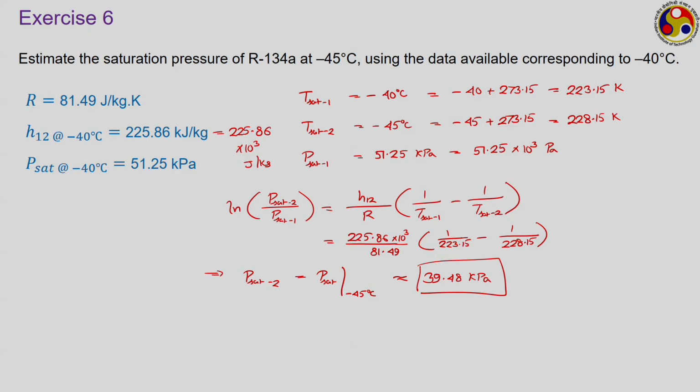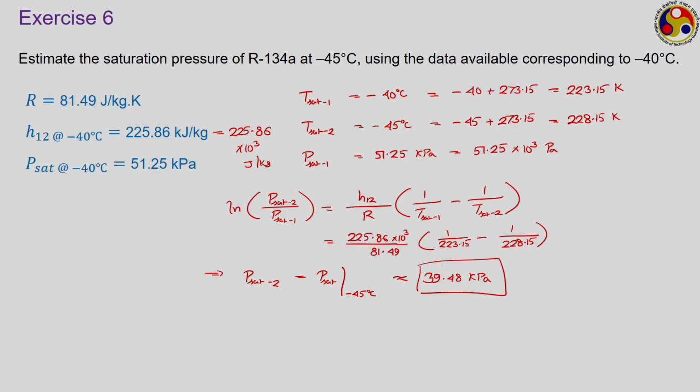So, this way, using the Clapeyron equation and then its approximate version in the form of Clausius-Clapeyron relation, we can calculate the saturation properties of any fluid easily. And while the Clapeyron equation is applicable for any kind of phase change process, Clausius-Clapeyron relation is generally restricted to liquid vapor phase change only.